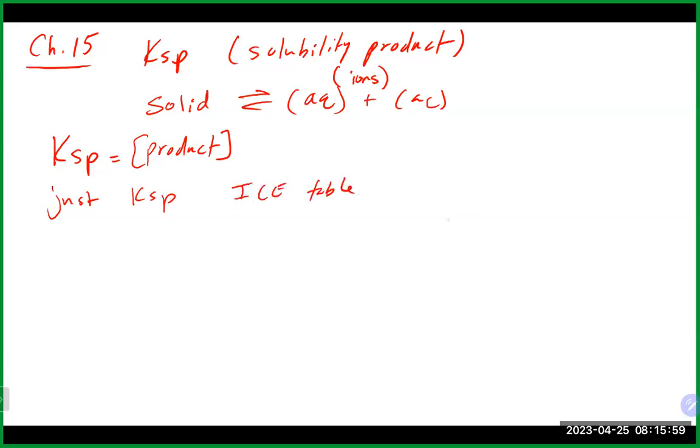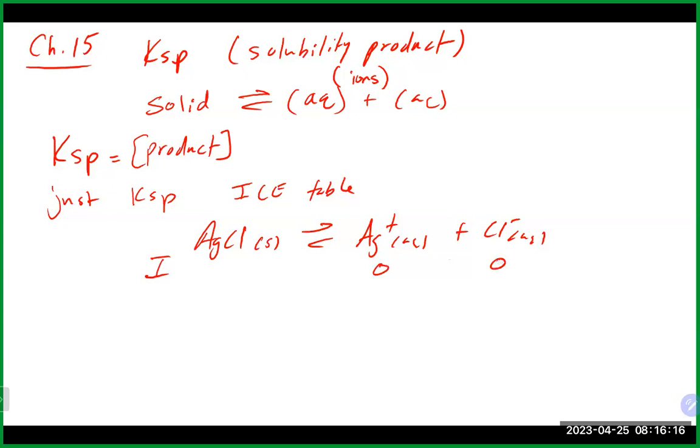When we do our ice table, it is a little bit different as well. I think we looked at silver chloride to finish it out last time. You have some equilibrium like this, and initially we have zeros of these ions.